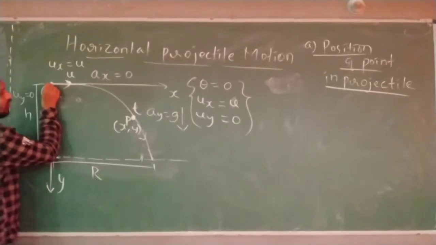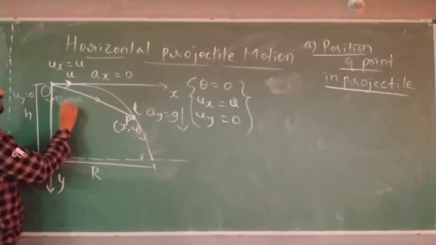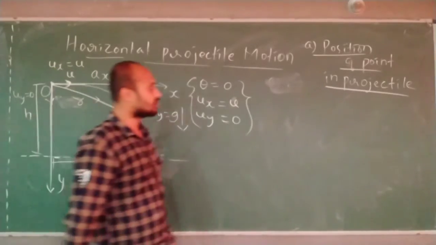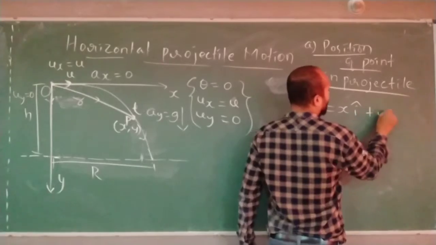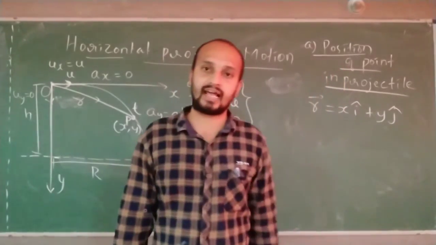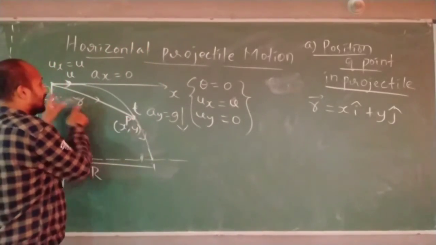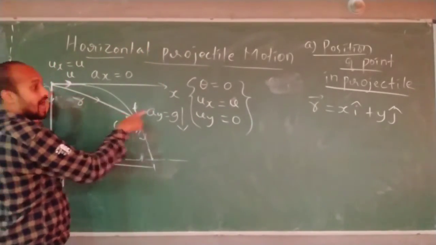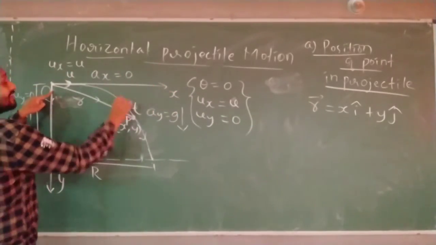From the origin draw one line. This is the position vector R. So the position vector is given by x i cap plus y j cap. This formula I didn't write in oblique projectile motion; even there you can write it. The position of point P is given by position vector R, how much? x i cap plus y j cap. What is x here?